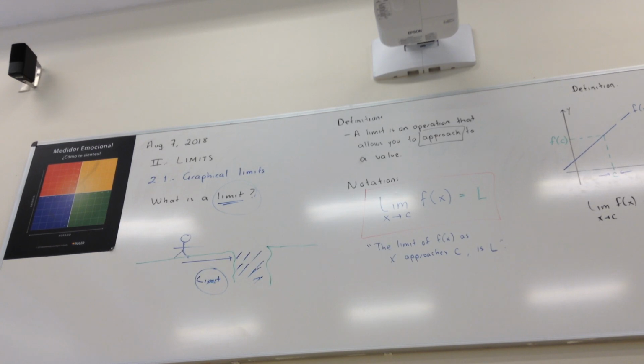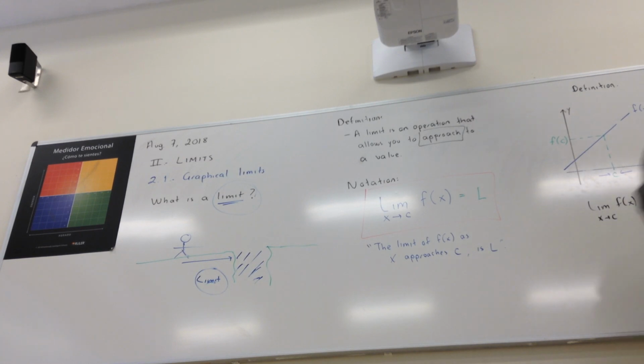So now my graph is approaching 2. Why 2, teacher? Because you're approaching 4 from the right, but your graph is approaching what value in y? 2.